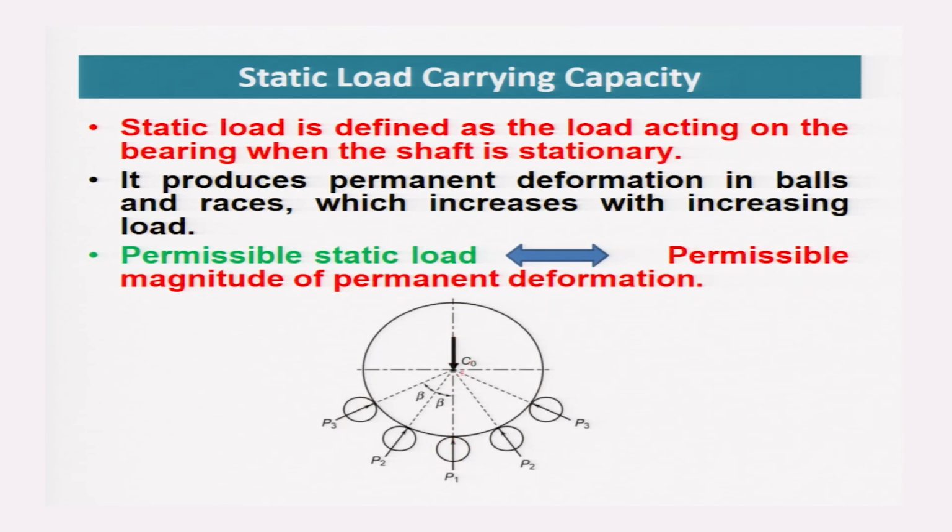So what happens is, if a load is applied, then these balls carry those loads, and the heavily loaded ball is this one, the P1, because it comes directly under the radial load, and other rolling elements share the load, and the amount of load carried by rolling elements decreases when you move in this direction and in this direction.